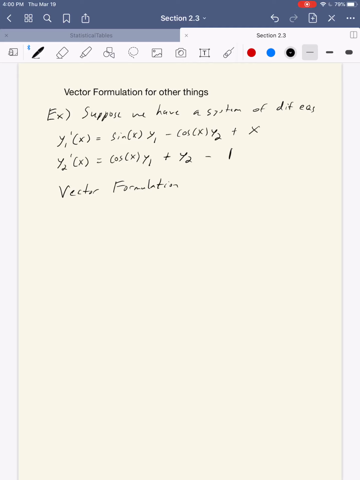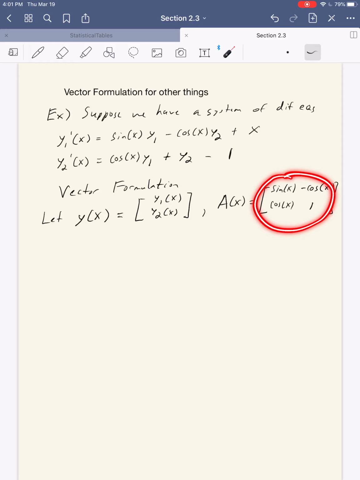What we would do is let y of x be the vector function y1 of x, y2 of x. And we let the matrix function A of x be the matrix with rows sine x, negative cosine x, and cosine x, 1. Where am I getting those things?